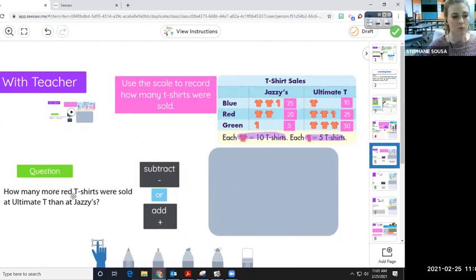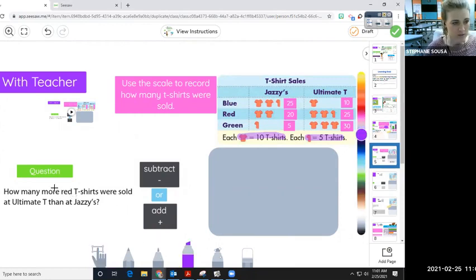How many more red t-shirts, that's important, red t-shirts were sold at Ultimate Tee than at Jazzy's? So I'm looking at the red shirts at Jazzy's and Ultimate Tee. So I'm going to look at this middle row here.